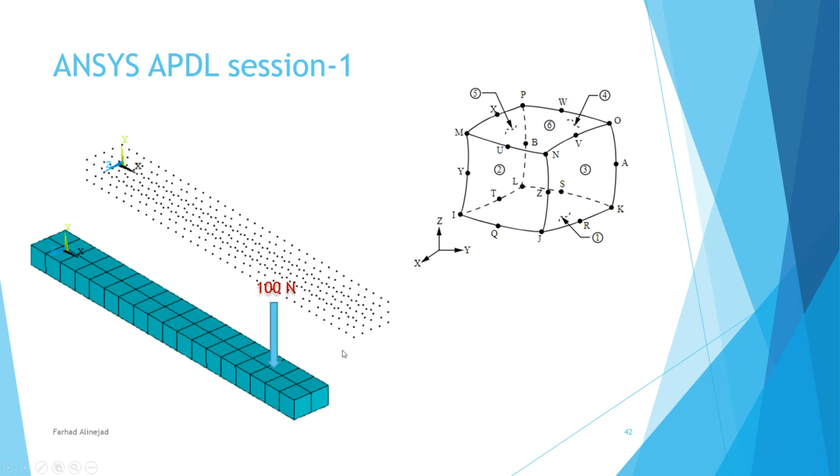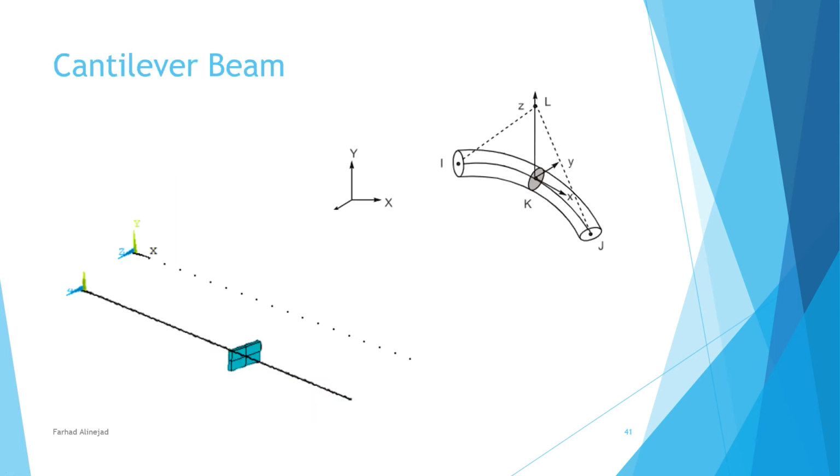I will use both second order and first order elements for the solid elements that we may apply to this example, and see what would be the difference between all these three elements. Well, let's start with ANSYS APDL.